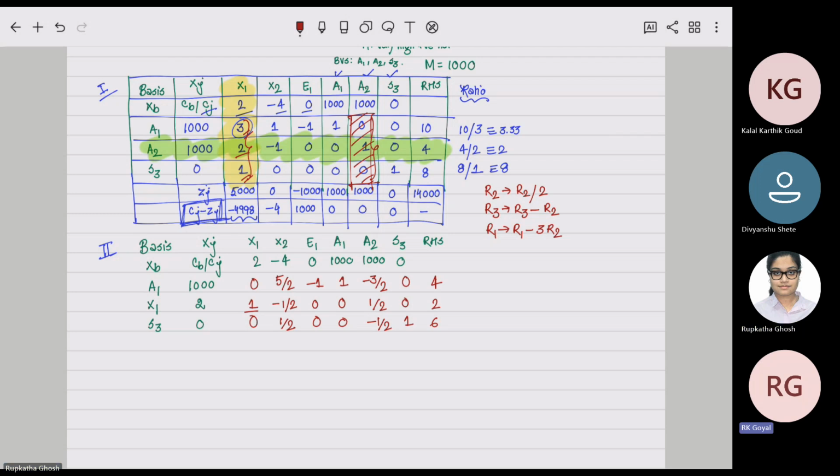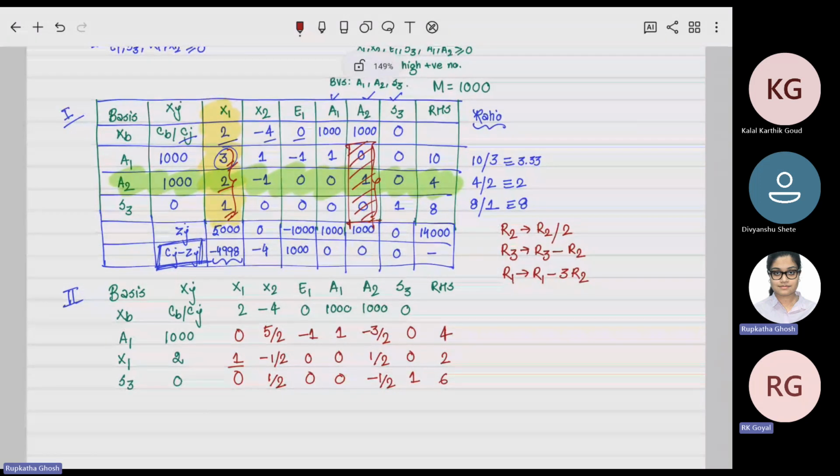And including the x1, we could have directly included x1 as the coefficient as 2, and we could have copied the values from the previous row, like the very first row of the first iteration. We could have written these values as 2, minus 4, 0, 1000, 1000, 0, like this. So why are we multiplying things? Why are we insisting so much that the coefficient of x1 remains as 1 in the column and all other values 0? Because x1 is entering your basis in the second iteration.